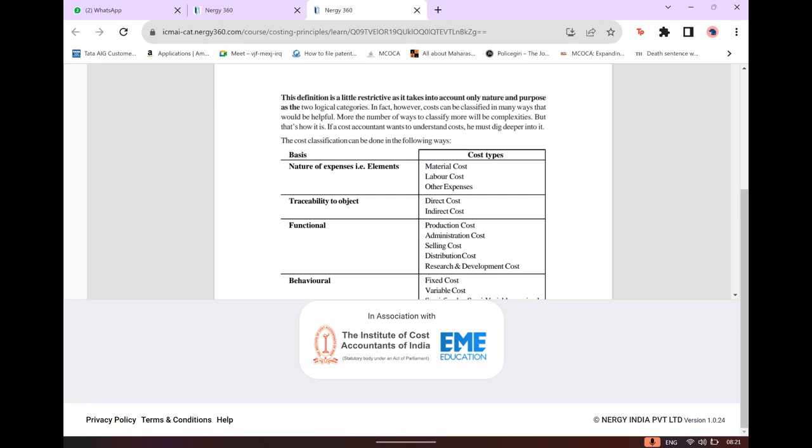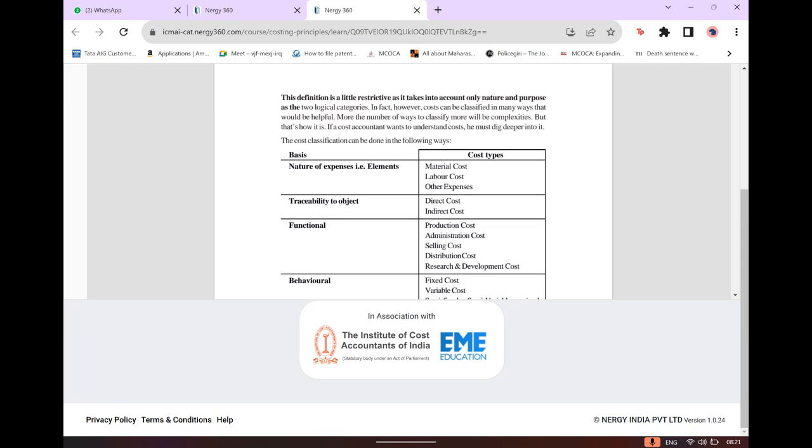They can give you direct material, labor cost, material cost, and they can give you selling and distribution expense. So the selling and distribution will not be the element wise classification.